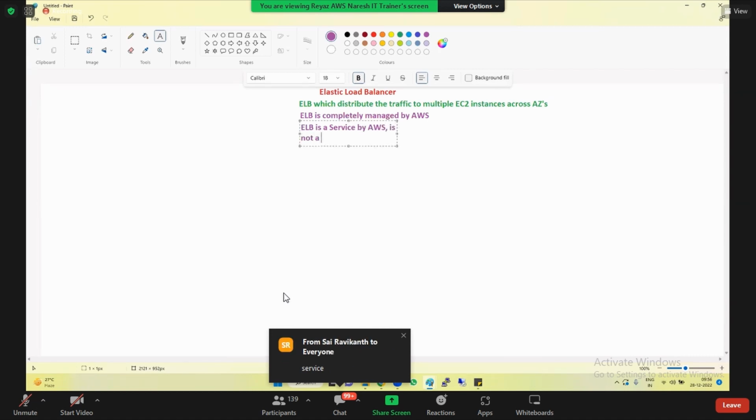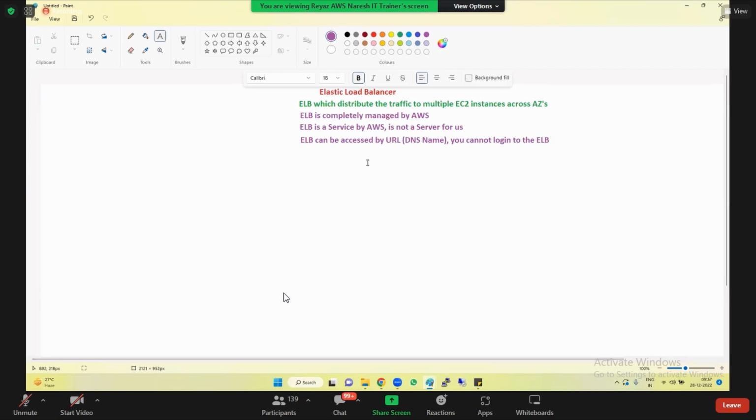It's not a server for us. How do you access ELB? By logging in or by accessing the URL? Yes. ELB can be accessed by URL, meaning the DNS name, correct? You cannot log in to the ELB. We'll have a nasty URL. Very good.